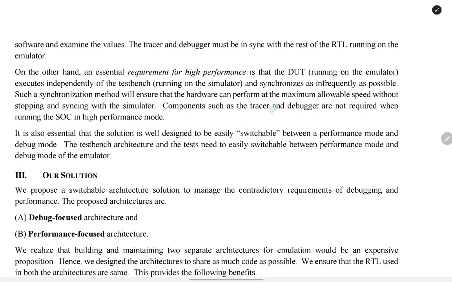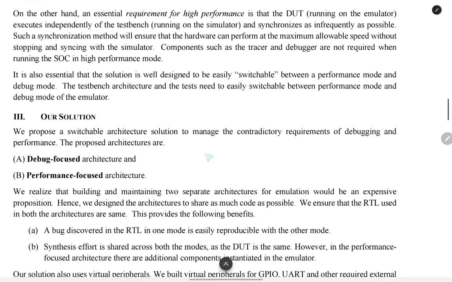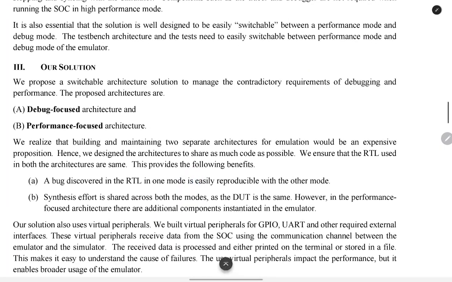Components such as the tracer and debugger are not required when running the SoC in high performance mode. It is also essential that the solution is designed to be easily switchable between a performance mode and a debug mode. The test bench architecture and the tests need to be easily switchable between performance mode and debug mode of the emulator.